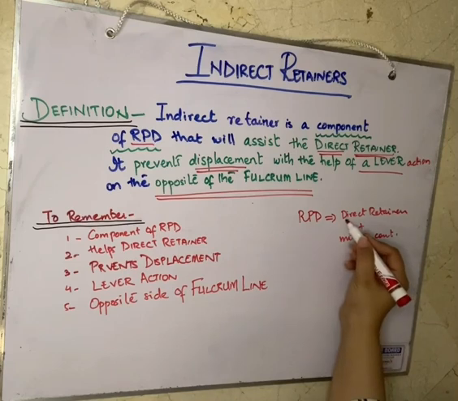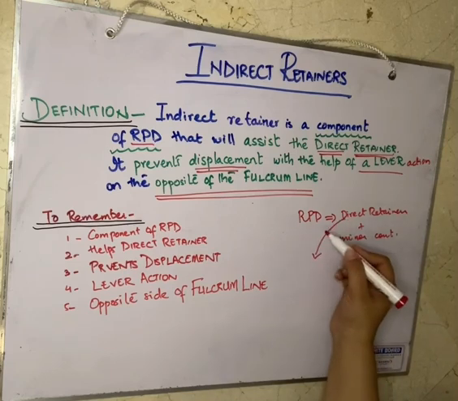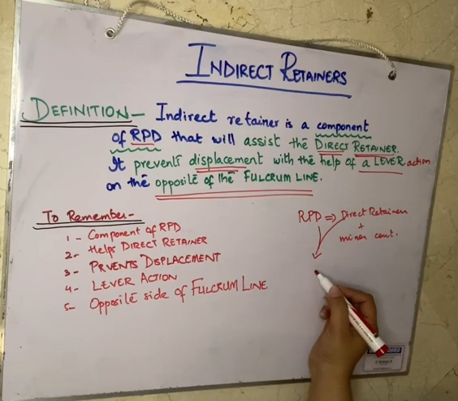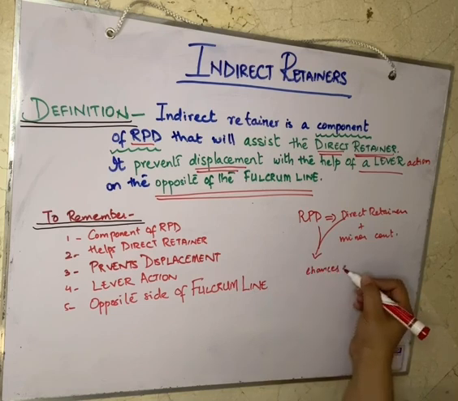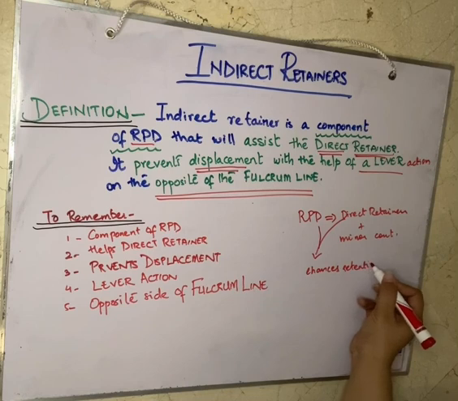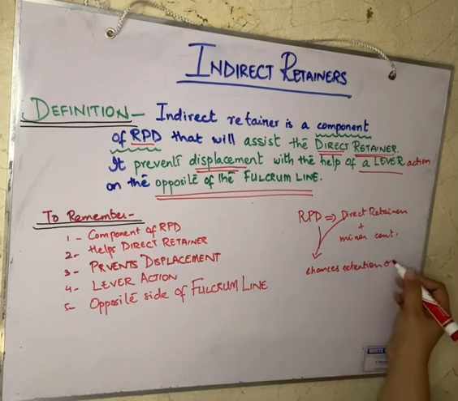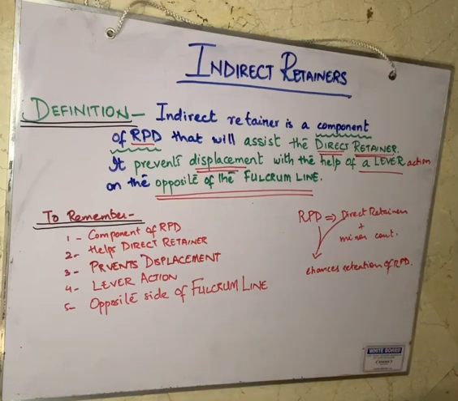The indirect retainers are also a component of the RPD, but it enhances the retention of the RPD. So it helps and assists the direct retainers and hence enhances the retention in the RPD.